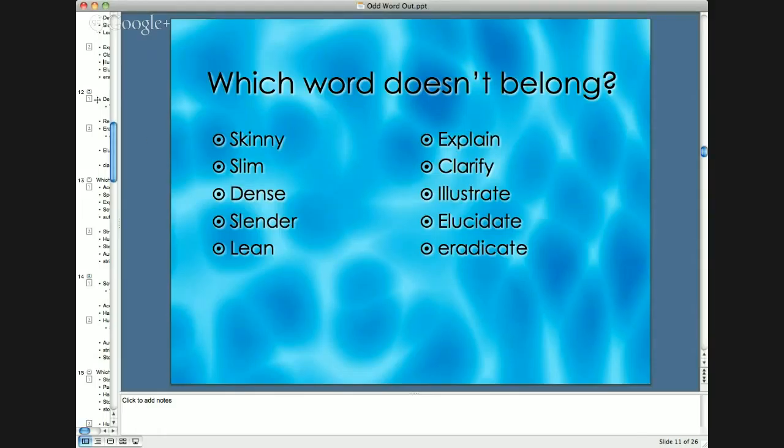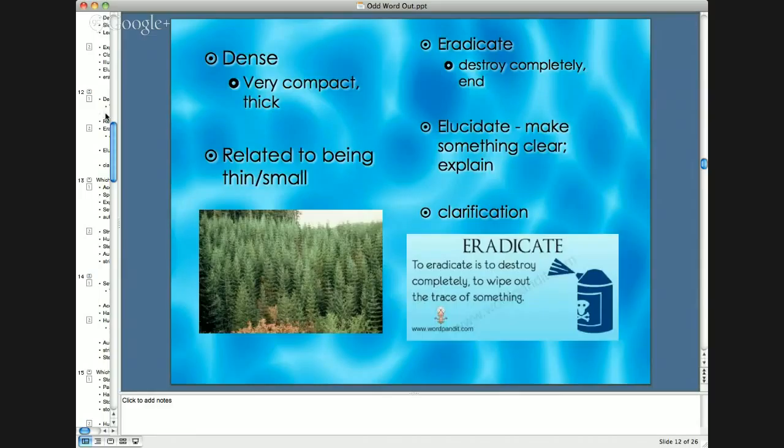And the answer is eradicate. Destroy completely, end. If you look at my picture, it shows a spray, right, with skull and crossbones on it, because to eradicate means to destroy completely, to wipe out the trace of something. So let's eradicate all the bugs in the building. That means get rid of and destroy. The rest have to do with clarifying or clarification of something. And just so you know, elucidate means make something clear or explain.